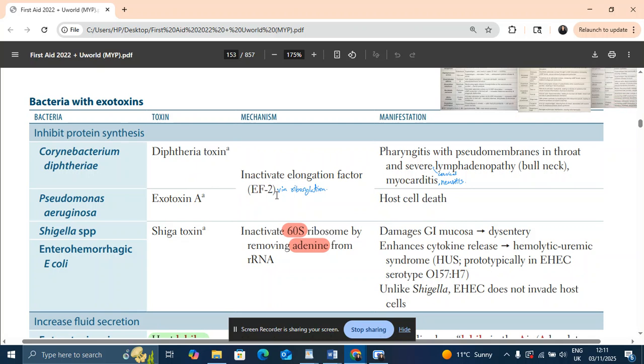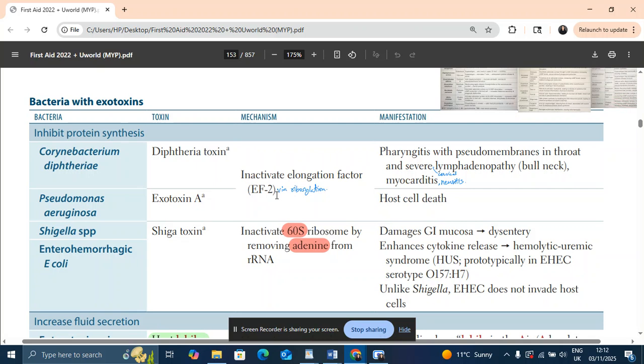What is elongation factor 2? In eukaryotes, elongation factor 2 is a host cell protein that is required for protein synthesis. The cell has ribosomes, and elongation factor 2 helps the ribosome move along the messenger RNA during translation.